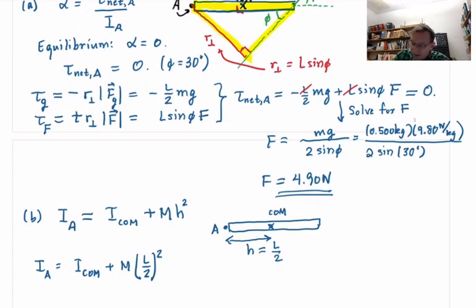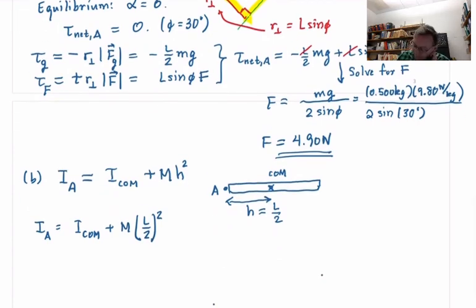Now, what do we do next with this expression? This is the parallel axis theorem. Let's write that so it's very clear what we're using. Well, I need to know what I COM is, because I've got to add that to M H squared. Well, that's good news, because the shape here is just a rod.